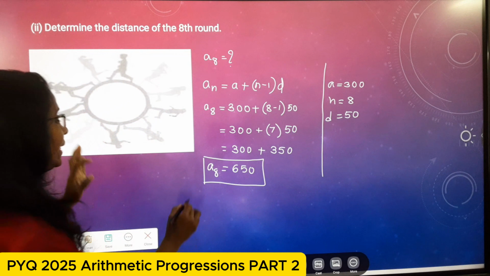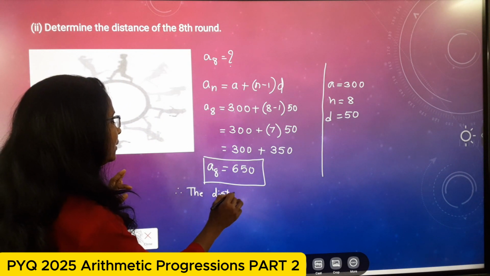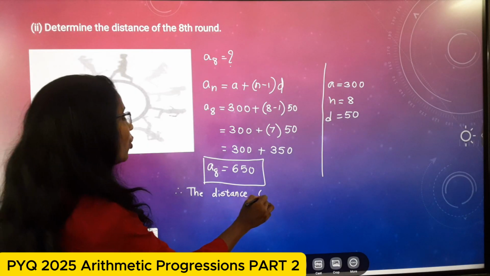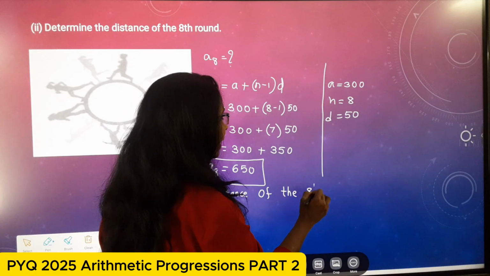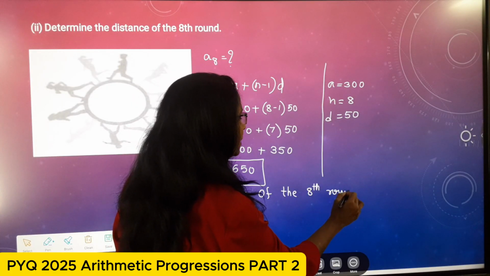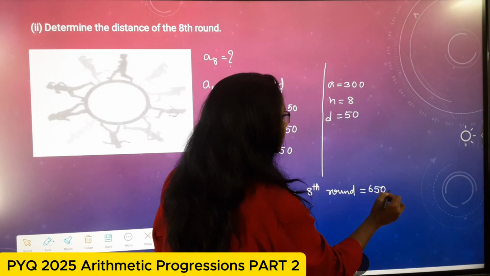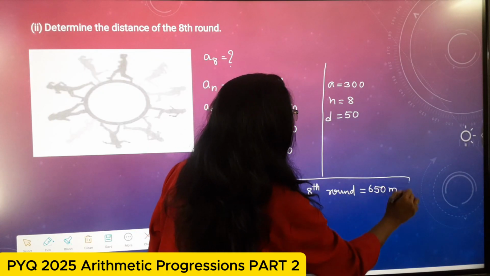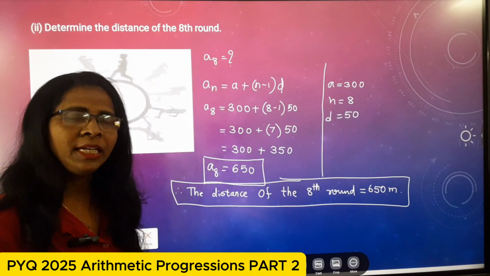Therefore, the distance of the 8th round is equal to 650 meters. All the rounds are in meter units, so we write 650 meters.